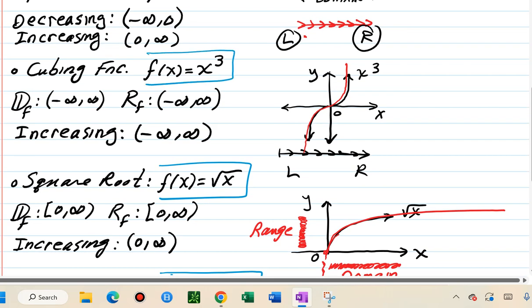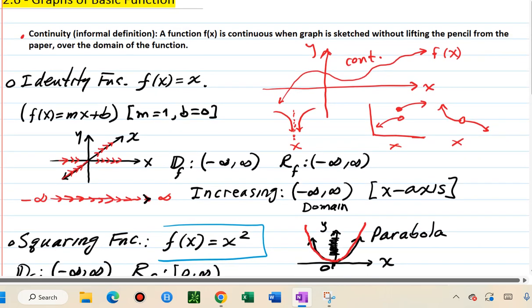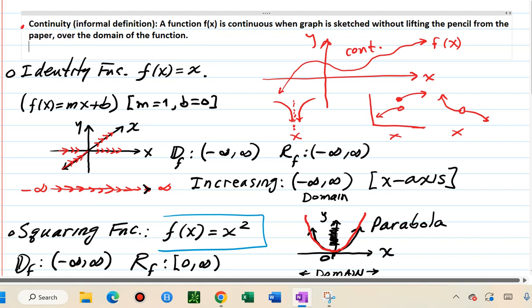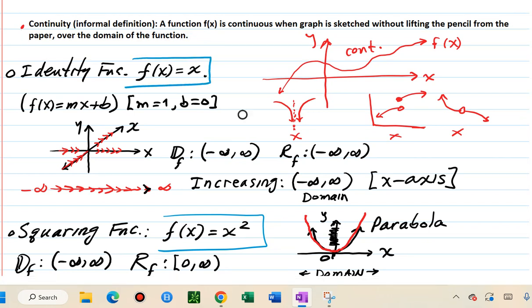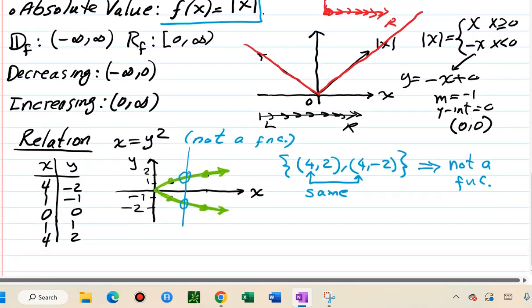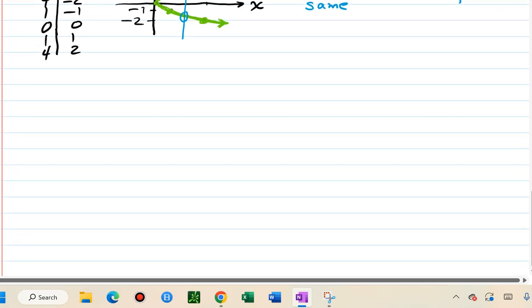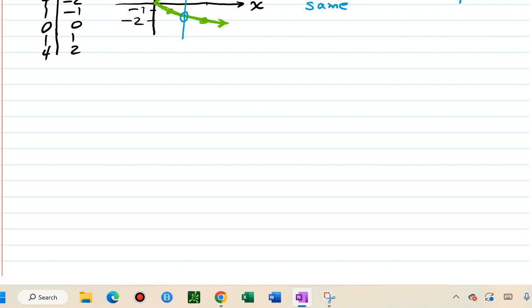This was the cubing function, and this was the squaring function. And the very first one was the identity function. Again, we should keep track of these functions and try to reference them as often as you can, just so they stay with you, because we will be using them quite often in our future work.